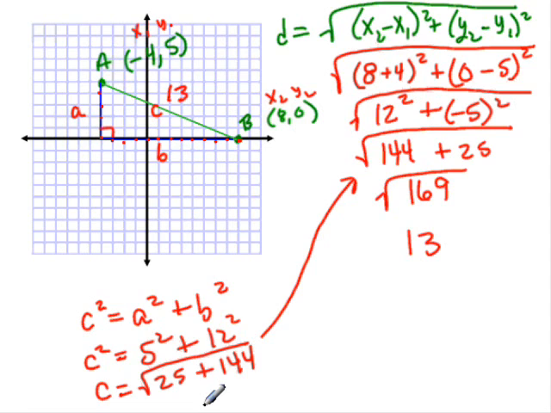We will still get the solution of 169. And the square root of 169 is indeed, once again, 13. So that's just how the distance formula relates to the Pythagorean theorem. I hope that you have learned something today, and we will be able to apply these in the coming classes.